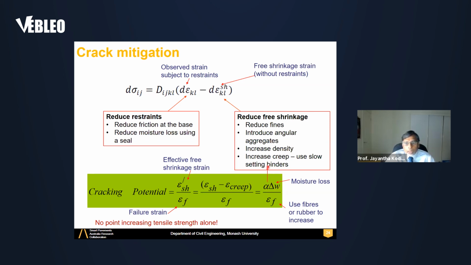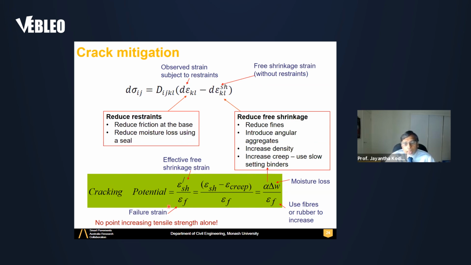This alpha is a material property given by all these properties. So alpha is a function of those things. And failure strain is when soil fails. If you have fibers or rubber and things like that, you can increase the failure strain and reduce the cracking potential. Or you can reduce the moisture loss or use these to reduce alpha.